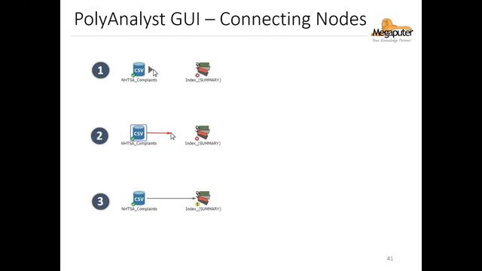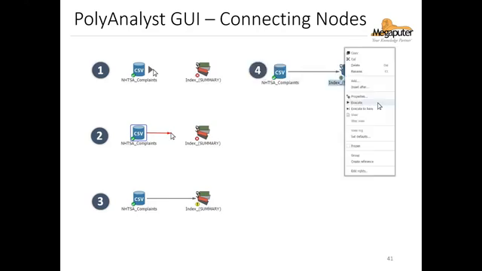Also, once the nodes are connected, we need to make sure the node is configured. You configure a node in the node's properties, and you'll find that some nodes need more configuration than others. Once everything is configured properly for our newly connected node, we can double click on the node, or right click and select execute.